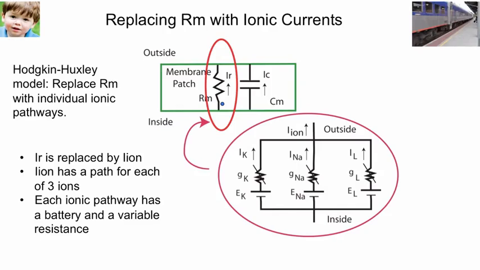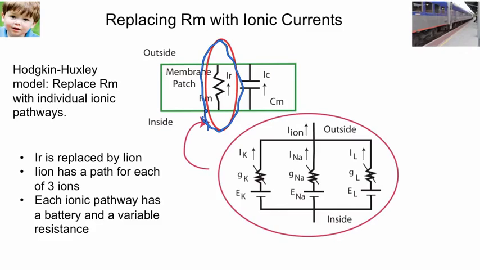In the passive model, all of that is put together into a single equivalent resistance represented by Rm. What Hodgkin and Huxley did is they replaced that composite resistive model with what it really is underneath the surface, so to speak.